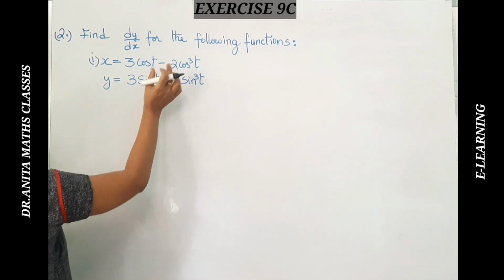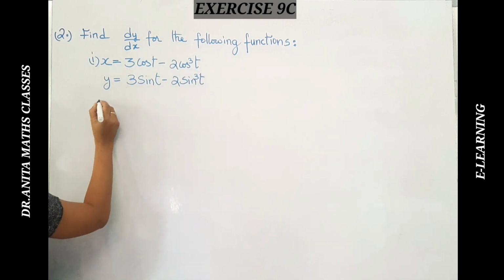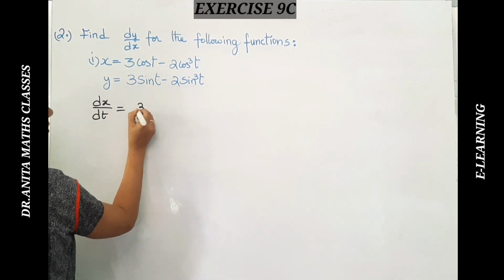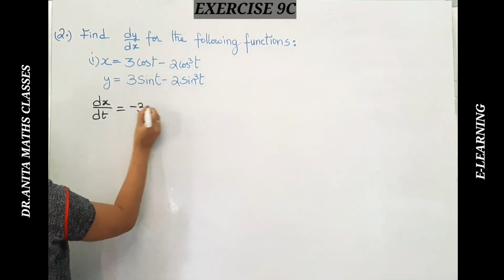Now the functions are in the form of t. So we will take the first one, that is x, and differentiate it with respect to t, dx by dt. We will do it directly. 3 can be taken out. The derivative of cos t is minus sin t.